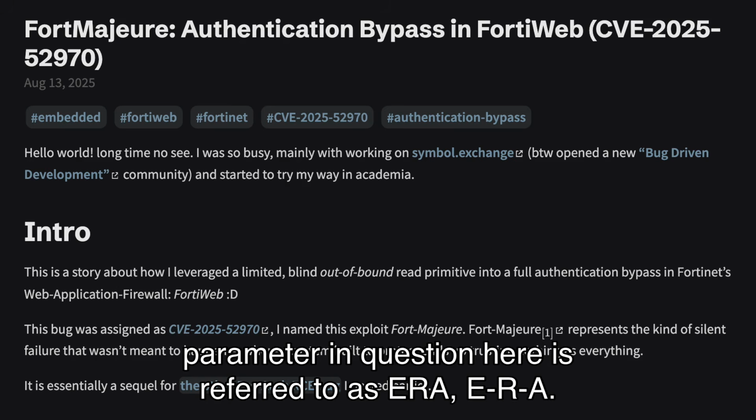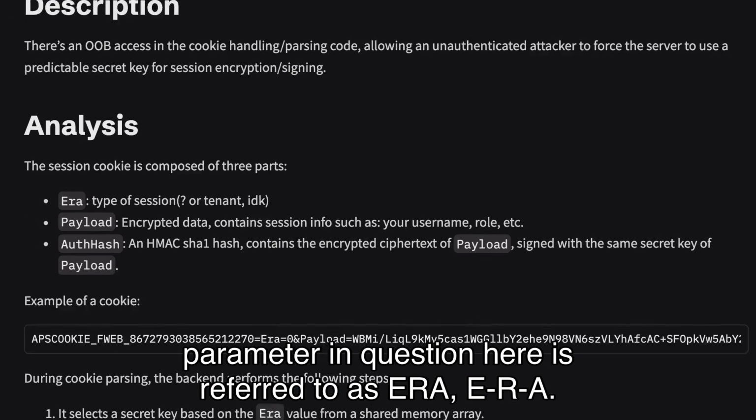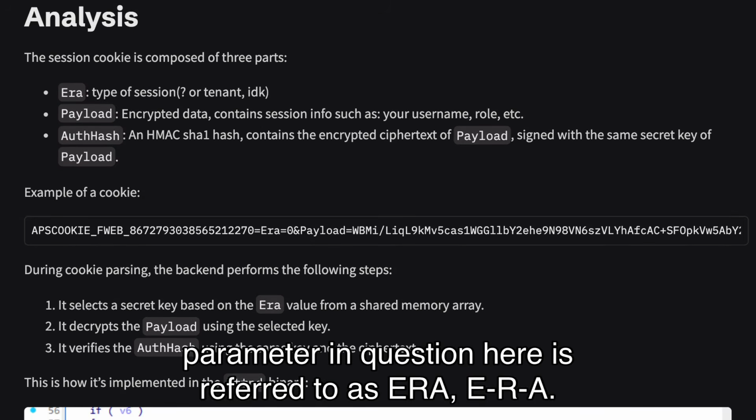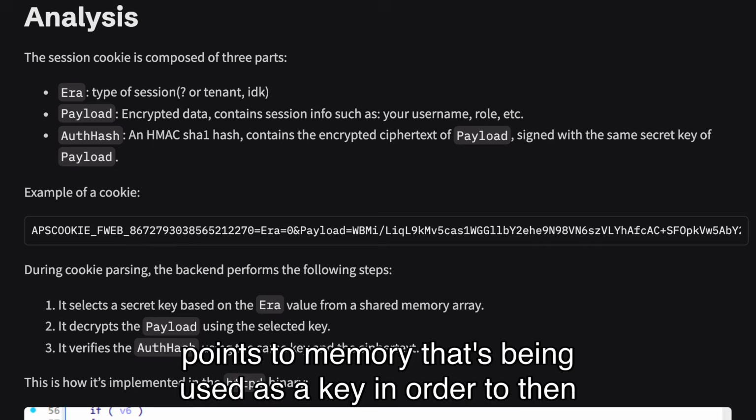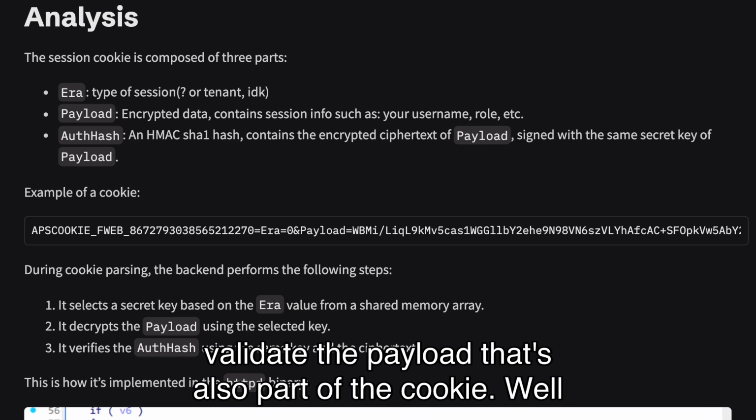The parameter in question here is referred to as ERA. It's a part of the cookie parameter, and it essentially points to memory that's being used as a key in order to then validate the payload that's also part of the cookie.